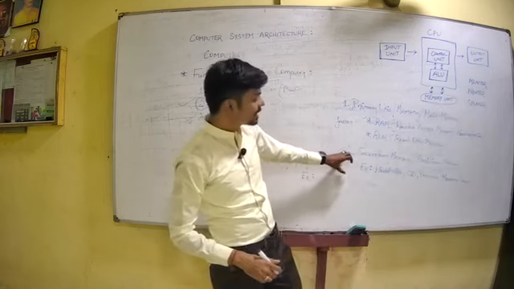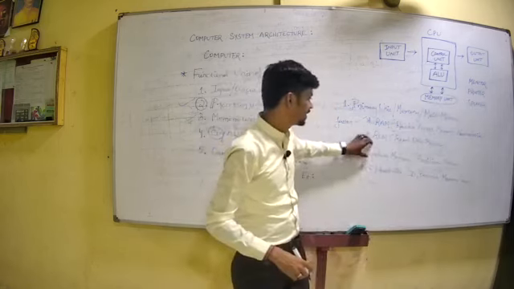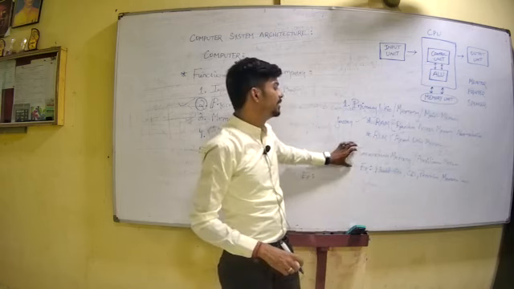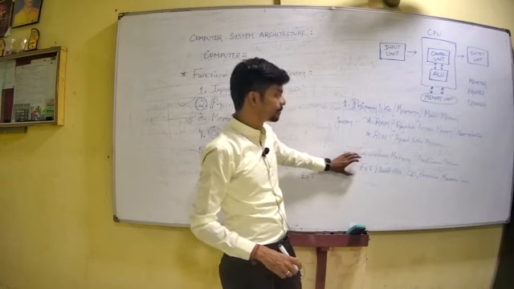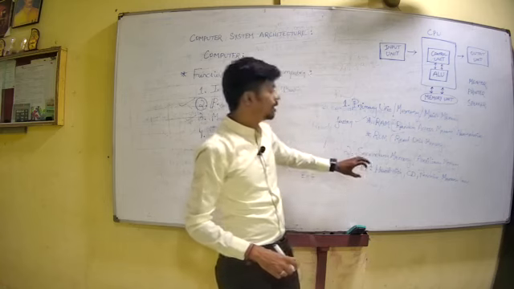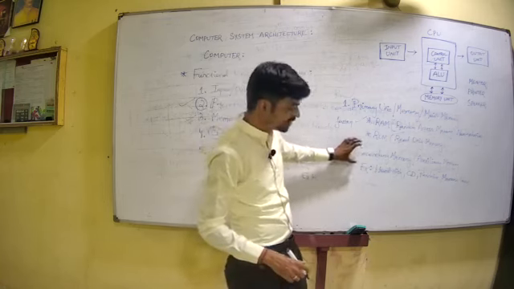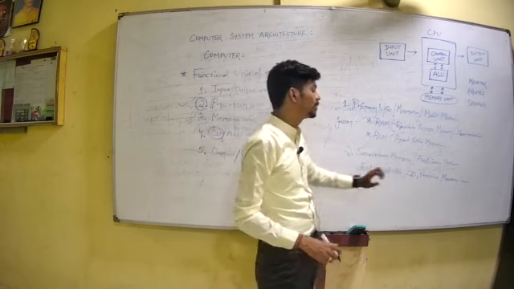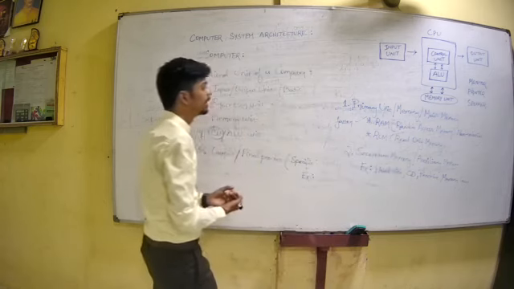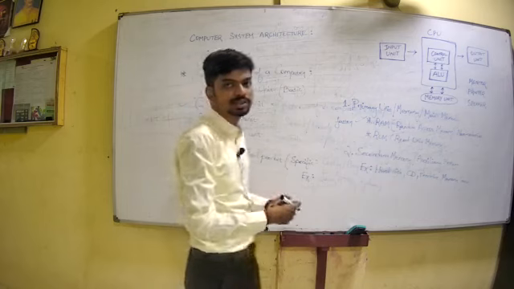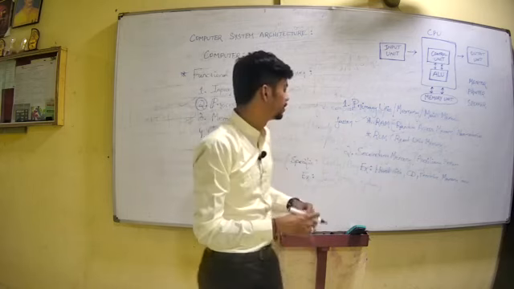Okay, so these are the examples of secondary memory. These memories are non-volatile in nature. They will store the data permanently, but in the RAM we cannot store the data permanently.